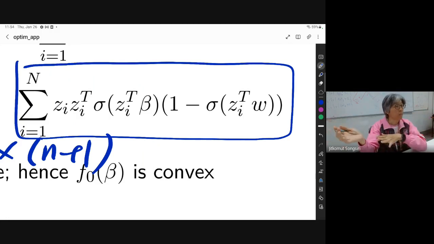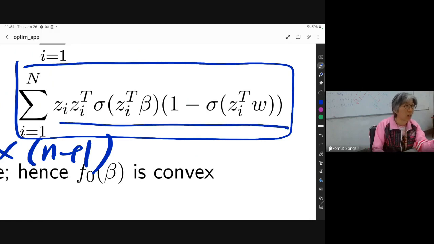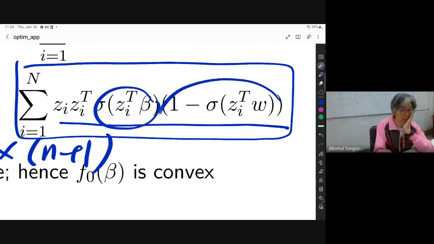If what's inside each i is positive semi-definite, then the sum is always positive semi-definite. For each i, this is a scalar. Easy.